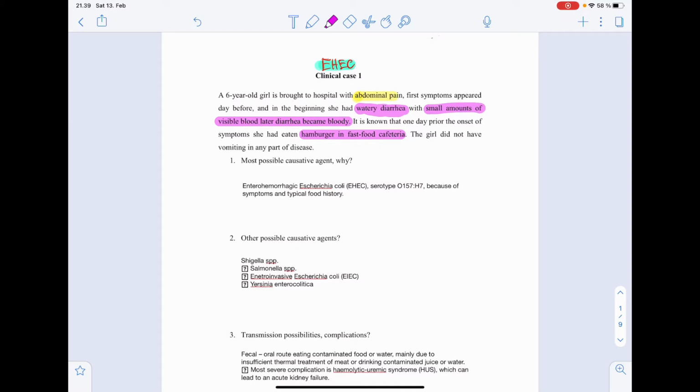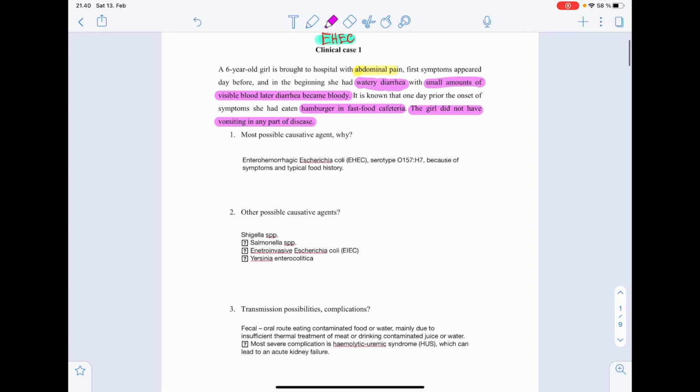And another thing you might ask, the girl didn't have any vomiting in any part of the disease, so this rules out Salmonella, because Salmonella causes enterocolitis, which is food poisoning, and as a result the patient will experience vomiting, so we can rule out Salmonella.